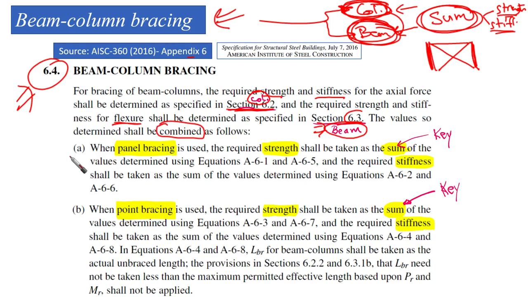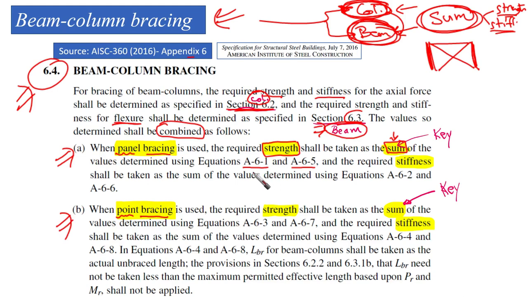So if we're going to talk about two different types of bracing, one we call panel bracing, the other one we call point bracing. In the panel bracing, the strength shall be taken as the sum of the values determined from equations 6-1 and 6-5. I'm going to show you in the next slides.